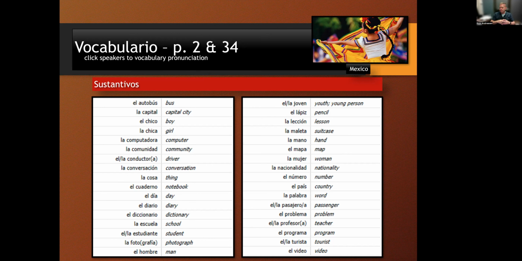El lápiz, la lección, la maleta means a suitcase, la mano, your hand, el mapa, la mujer, again that J is guttural, la nacionalidad, again a lot of vowels, just pronounce them each the proper way, el número, el país.